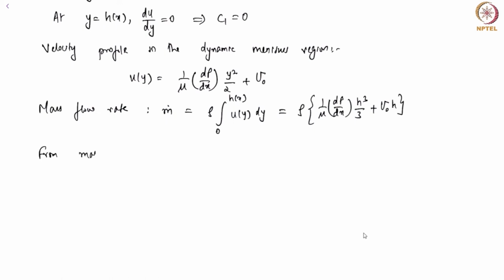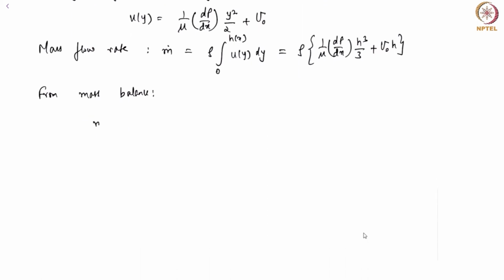From mass balance, m dot in the dynamic meniscus should be equal to m dot in the thin film, that is in the coating.